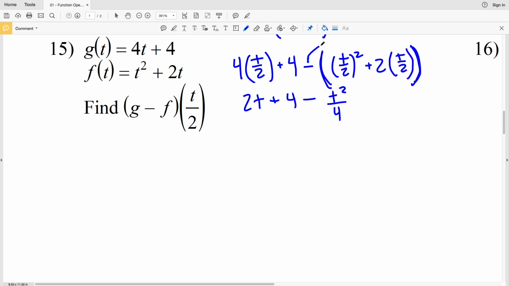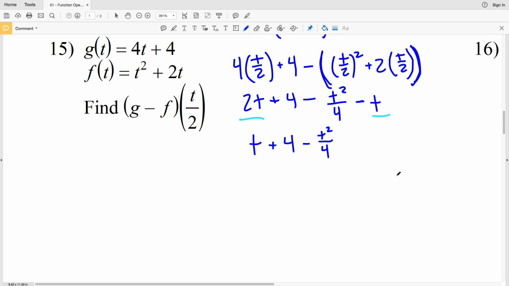And then if I'm subtracting each of these terms, I also need to subtract 2 times t over 2, which is simply t, because 2 divided by 2 is 1, and 1 times t is t. So I'm going to quickly combine my like terms, 2t and t. 2t minus t is going to be a positive 1t, or simply t, and I'll be adding 4 and then subtracting t squared over 4.